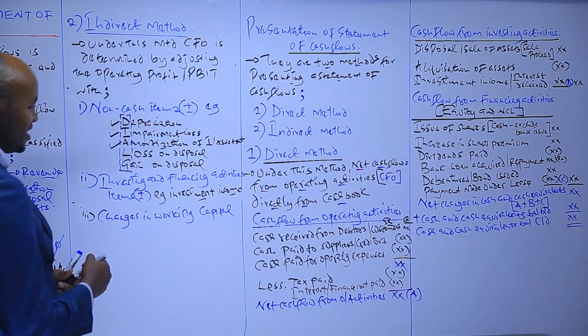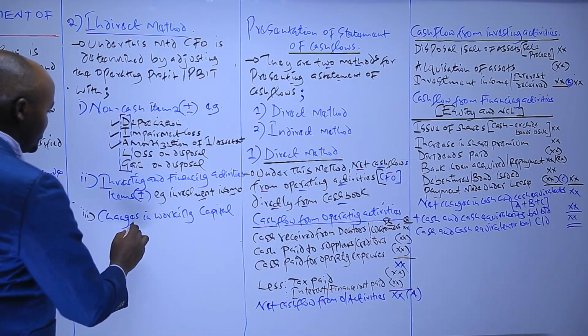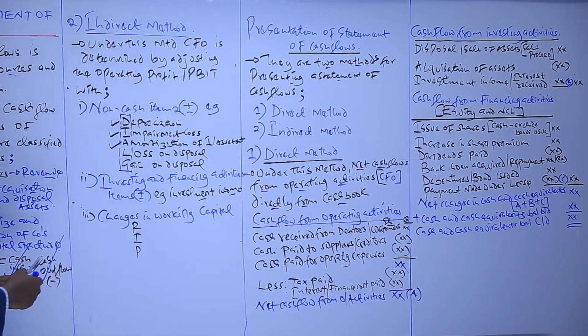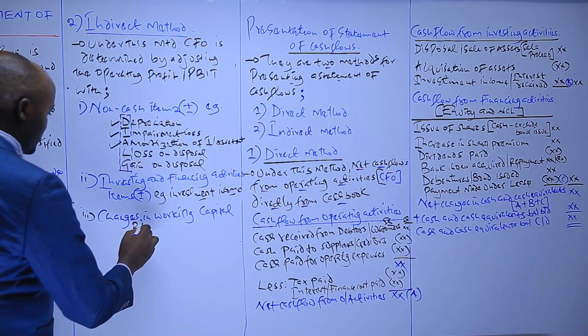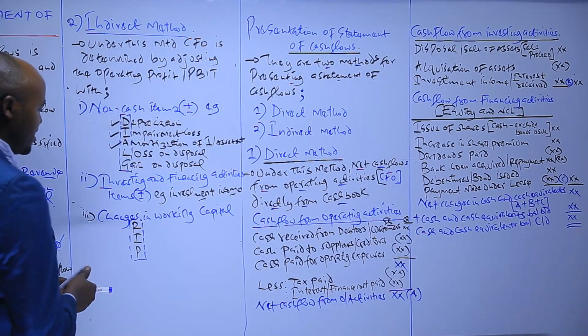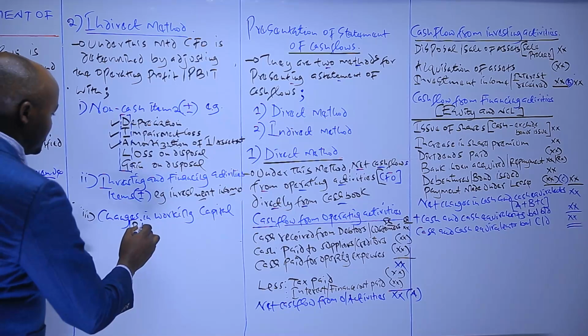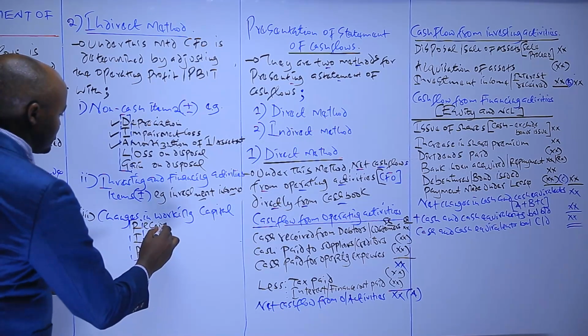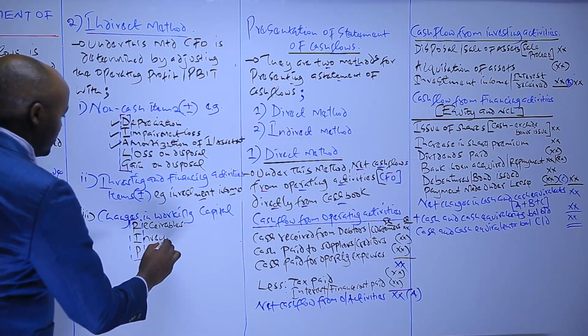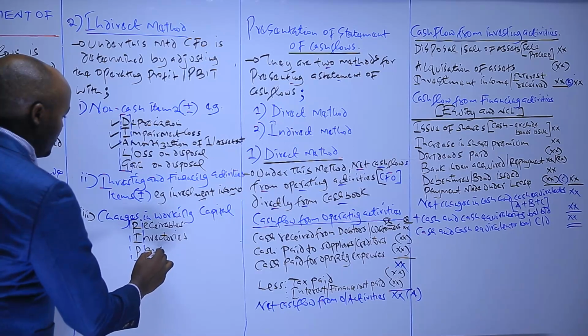Here we consider three items of working capital, and we also use an acronym, RIP, to remember them. R stands for receivables, I stands for inventories, and P stands for payables.